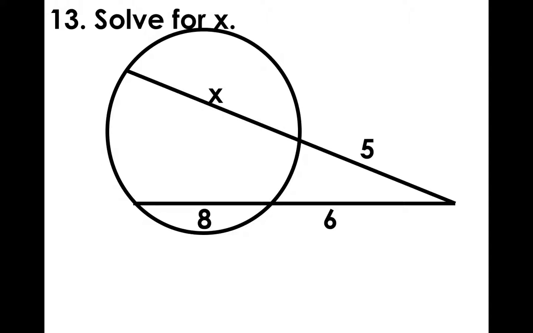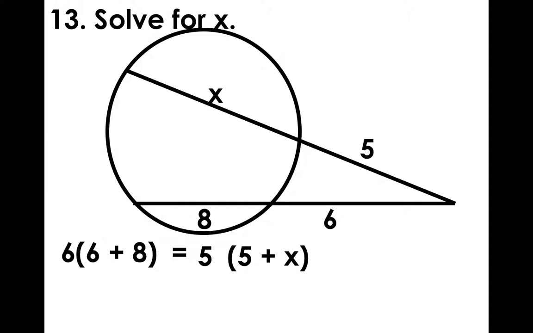So remember, as I'm setting this up, I set it up as 5 times x plus 5, or we're using 6 right here. So it'll be 6 times 6 plus x equals 5 times 5 plus x.